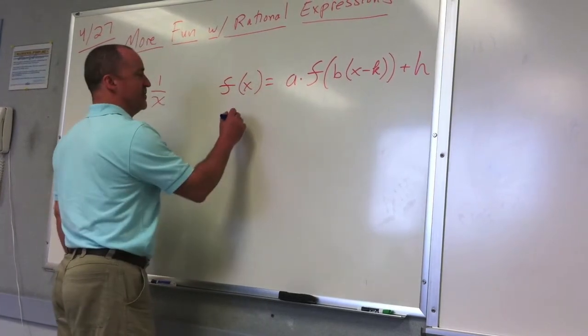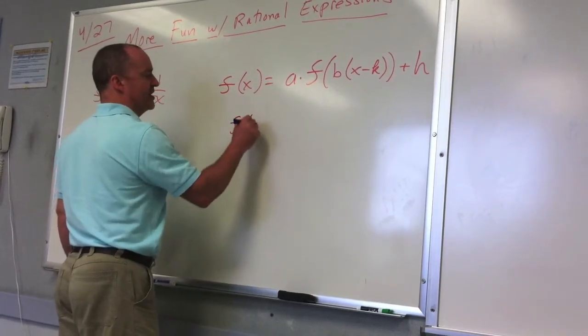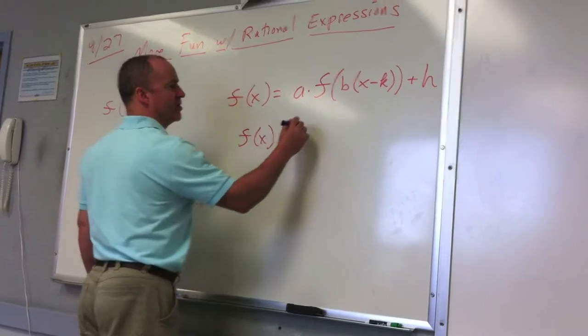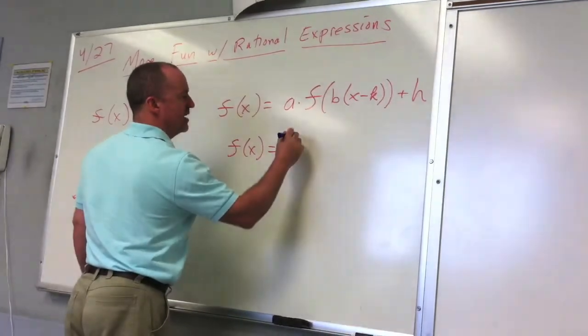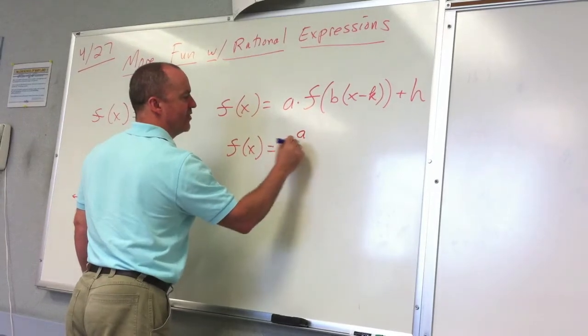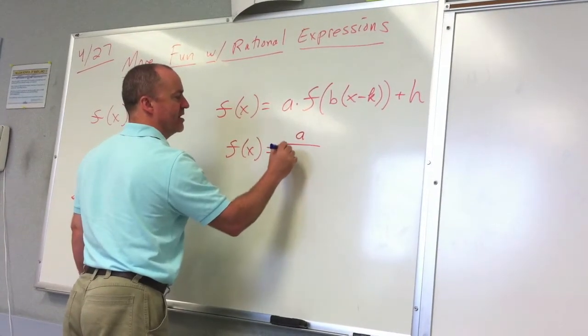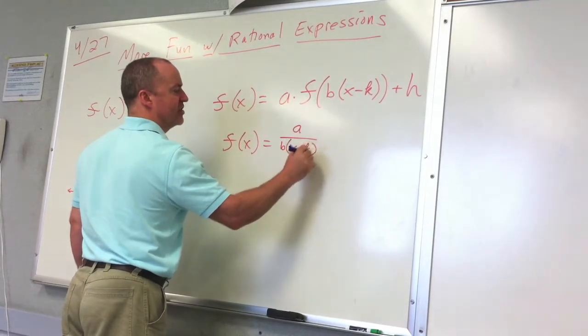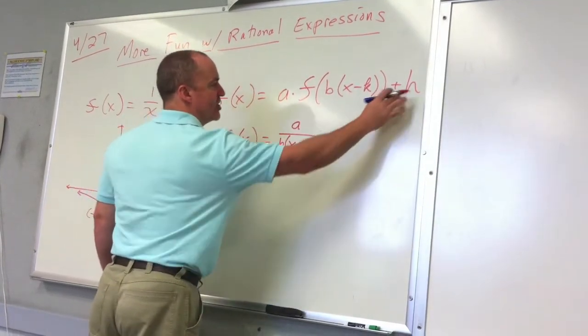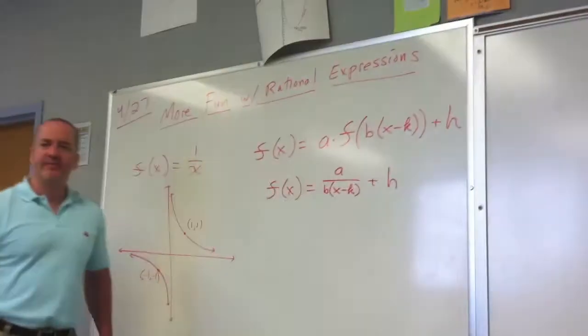On this function, you wind up with a times the function on top, b times x minus k on the bottom, and h outside of the function.